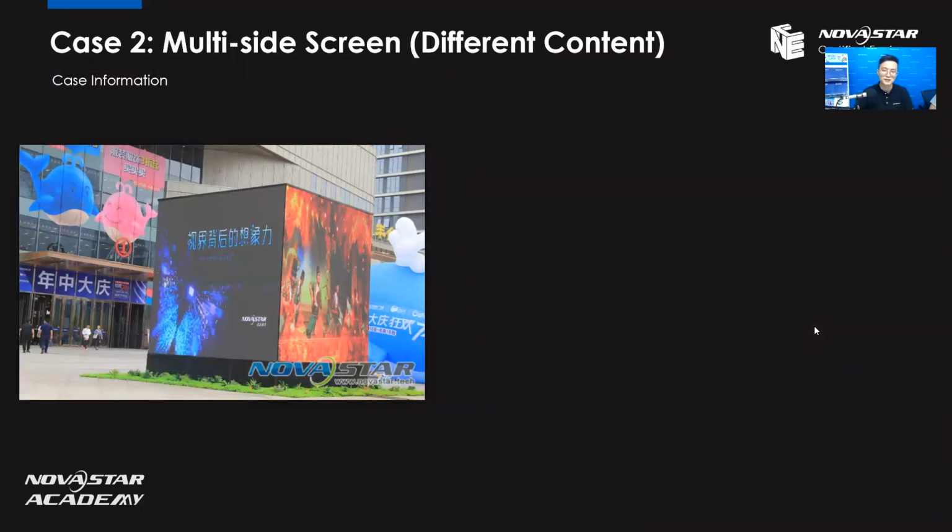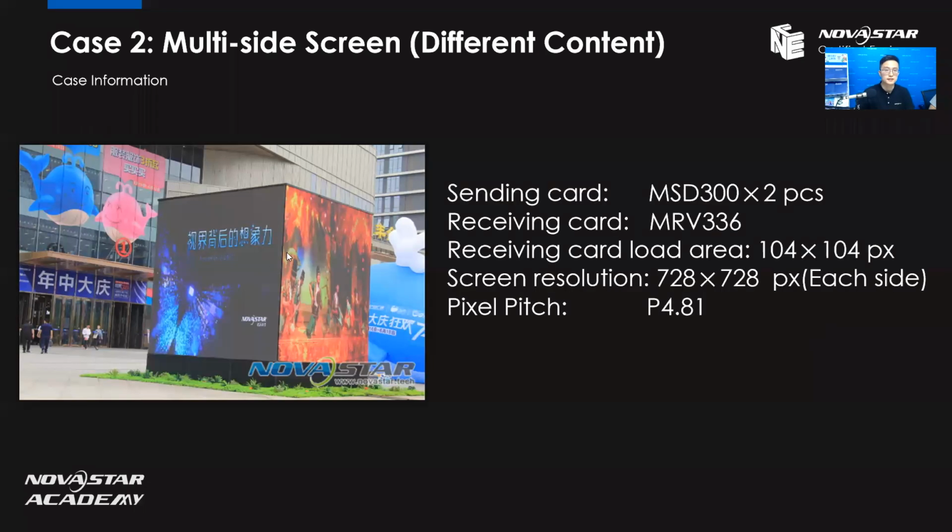Now let's move on to case 2. Case 2 is a multi-sided screen. Basically, this case has a 4-side screen, looking like this picture: 1, 2, 3, 4, and the other side. Each side has a sending card. We're using 2 MSD 300 units. The receiving cards we use are 336, and the receiving card loading area is 104 by 104 pixels.